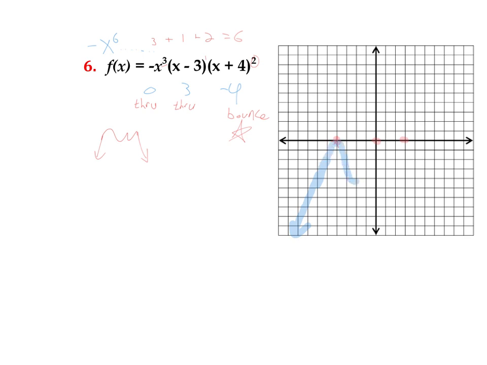At some point, I got to turn around to get to this next x-intercept, and I'm going to go through it. At some point here, I need to turn around because I have another x-intercept to hit. So that's maybe what my graph looks like. For all I know, there might be another squiggly down here. I don't know. Maybe, maybe not. But if it doesn't hit the x-axis, I really don't care about it.